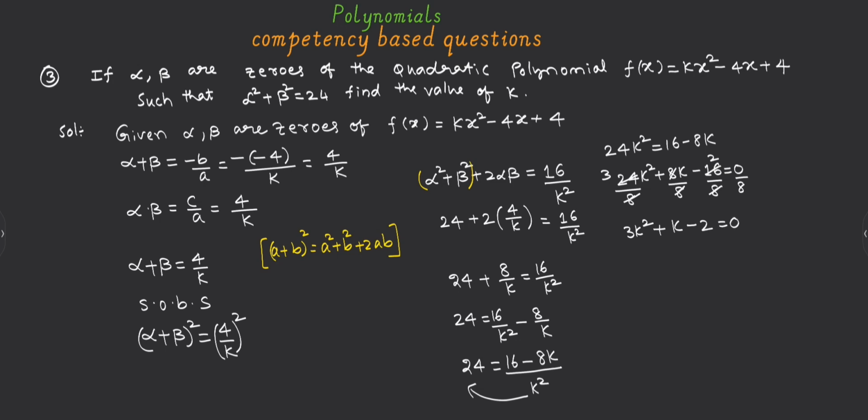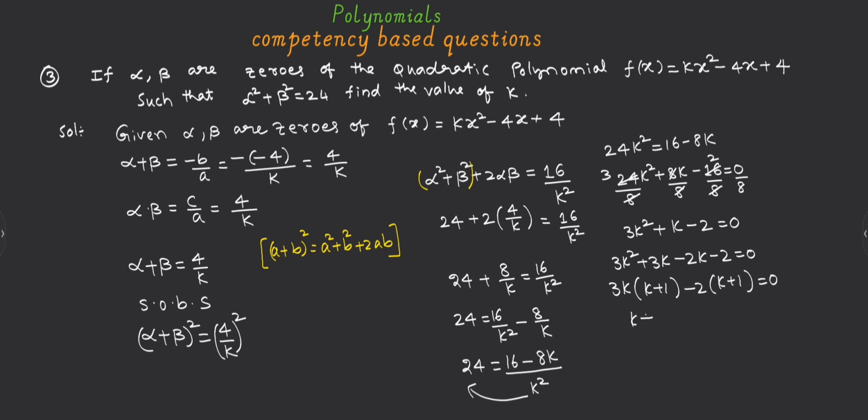Now we have to do splitting the middle term. This is 3k square. We have to take the factors of minus 6 such that we get 1k. So that is plus 3k minus 2k minus 2 is equal to 0. Now we can take 3k common, so we get k plus 1. Again, taking minus 2 common, k plus 1 is equal to 0.